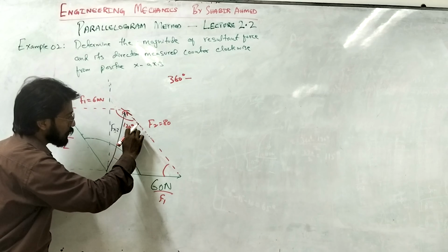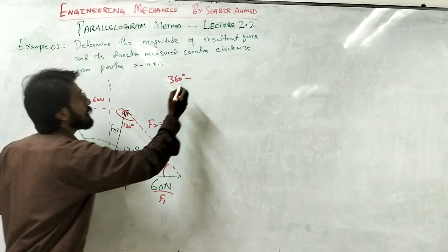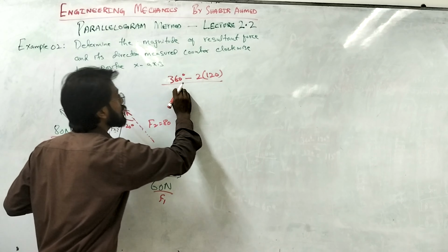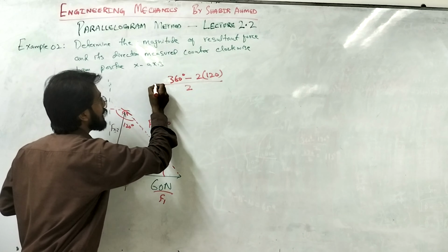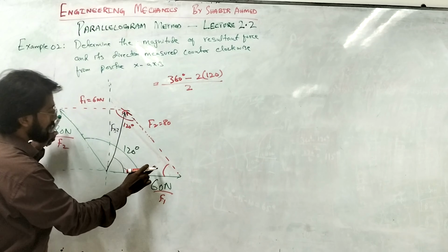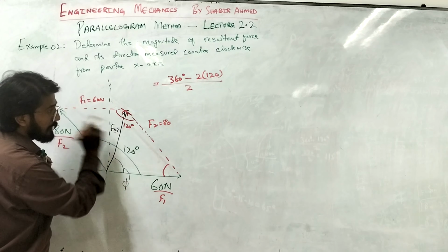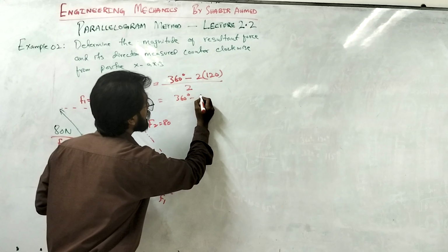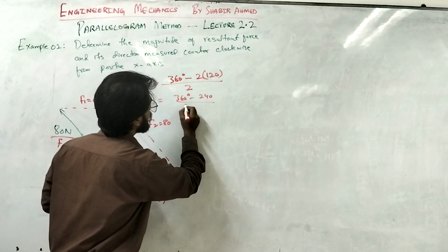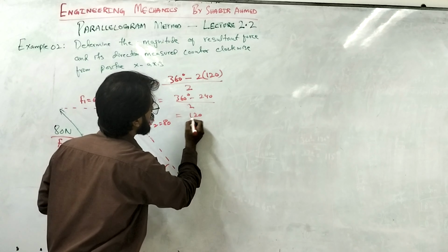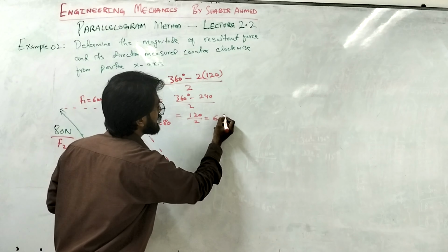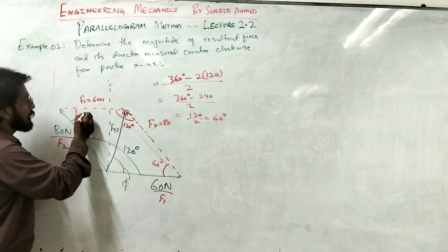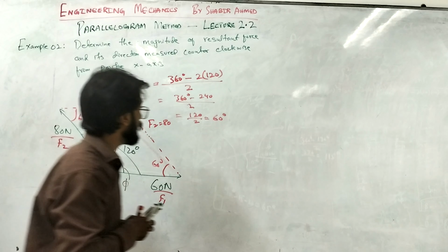We need to subtract these both from it, put the equation like this, and then divide it by 2. So when we divide it by 2, we will have the angle for one side. This will be 360 minus 240 divided by 2, so it will be 120 divided by 2, we will have 60 degree. So 60 degree from this side and 60 degree from this side.